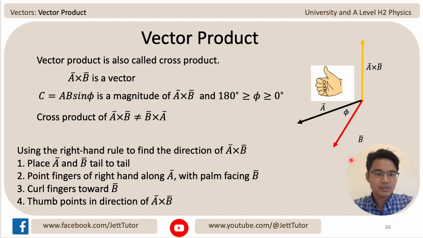Point the fingers of your right hand along vector A with your palm facing B, and curl the fingers toward B. The thumb points in the direction of vector A cross vector B. So that is the direction of vector C.